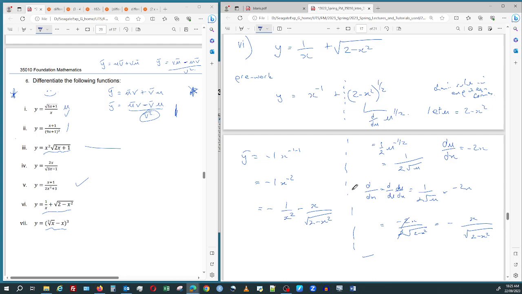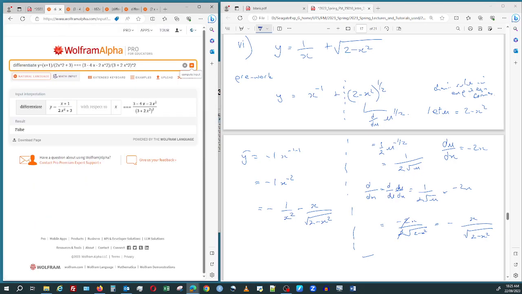Okay, see that? It's the same thing. It's just the way we present the information. So let's have a look at that. We're going to differentiate 1 over x plus the square root of 2 minus x squared.